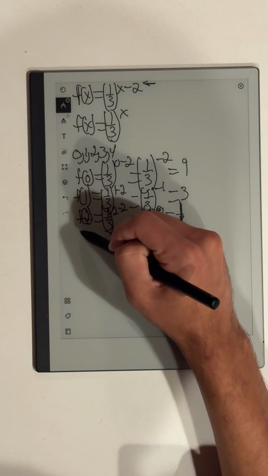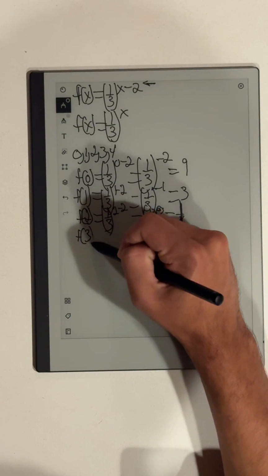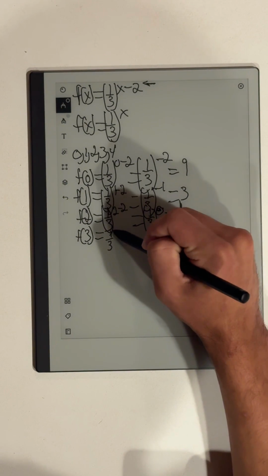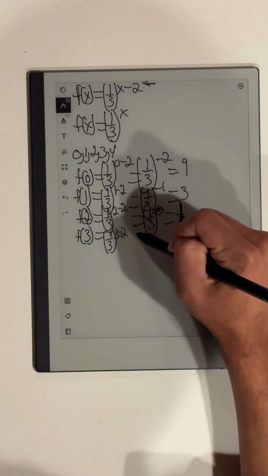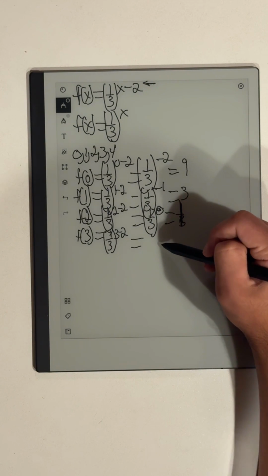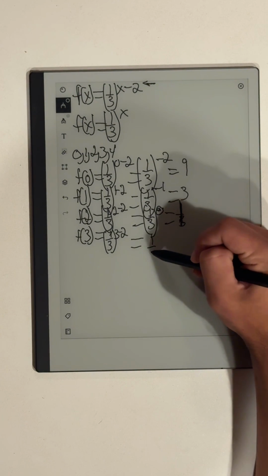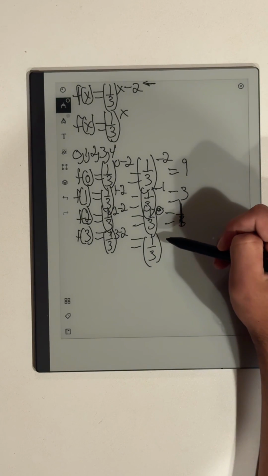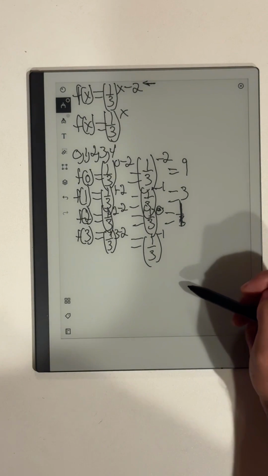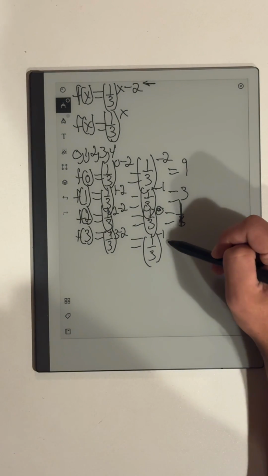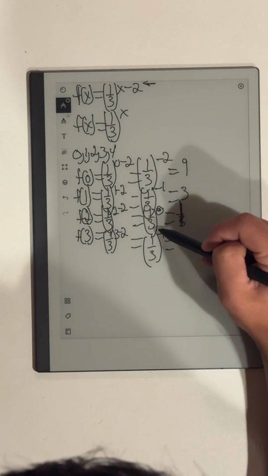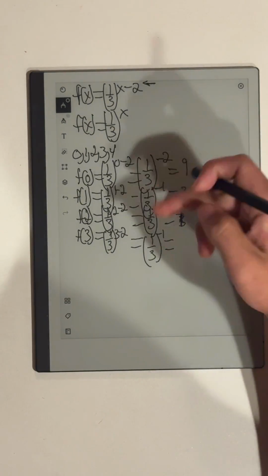And then we're going to do f of 3 equals (1/3)^(3 minus 2). Oh, I'm sorry, it's 3 minus 2. So 3 minus 2 is 1.